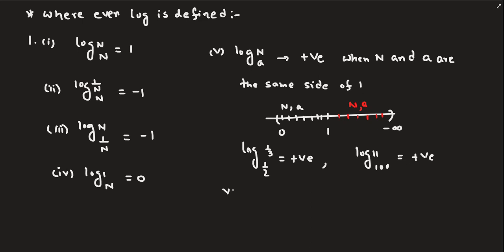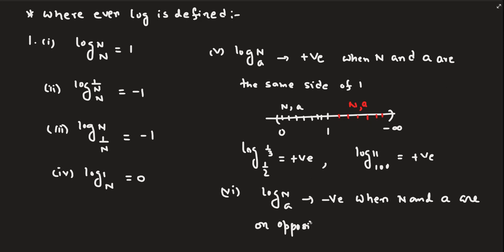But if it is opposite, that means log n base a is negative when n and a are on opposite sides of 1.